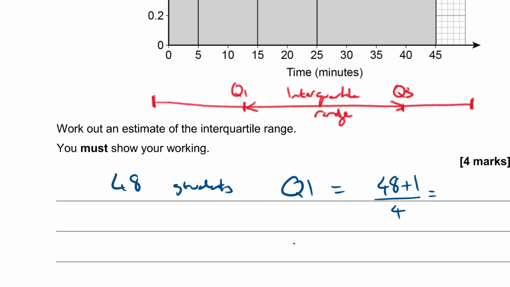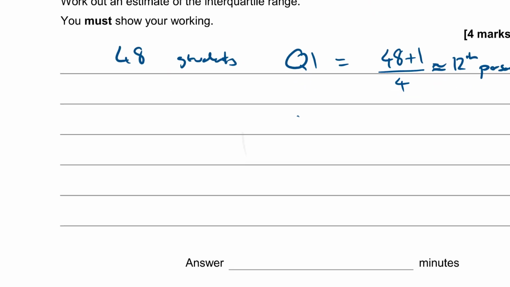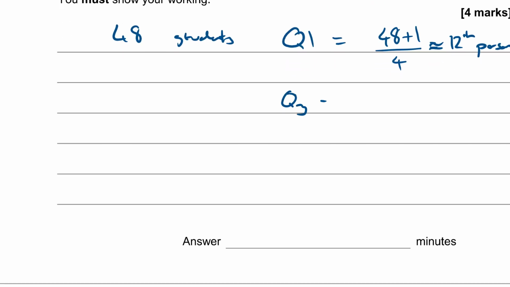So 49 over 4; I'm going to say that's roughly 48 over 4, so roughly the 12th person through the data set. Q3 we get by taking the number of elements in the set, adding 1, and multiplying by 3/4. Again, because that gives a weird number, I'm going to say that's roughly the 36th person through the data set.